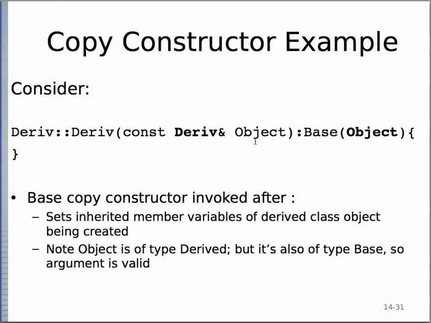So how do we do that? We can call that in the initialization section. If you have a copy constructor for a derived class, you use the same things that we normally do, but you use this initialization section. The base class copy constructor is invoked after the colon in the initialization section. It sets the inherited member variables of the derived class object being created, later on in the method body.